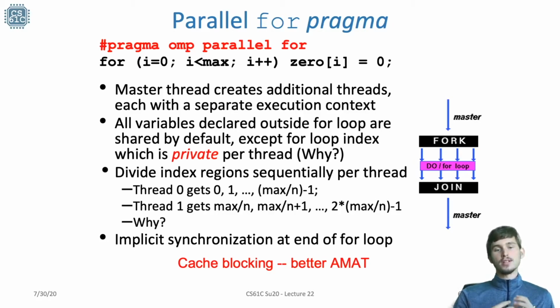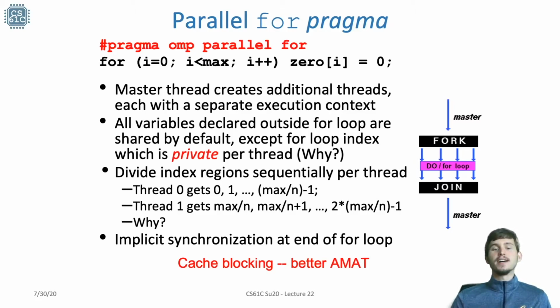For example, maybe I want thread 0 to be writing to the 0th item of my array. If that index variable is shared, I might have thread 1 execute and then thread 2 execute, so it might change the index variable, and I might be using the incorrect number for that loop iteration for one of the threads because of this shared variable. So that's why they're all private.